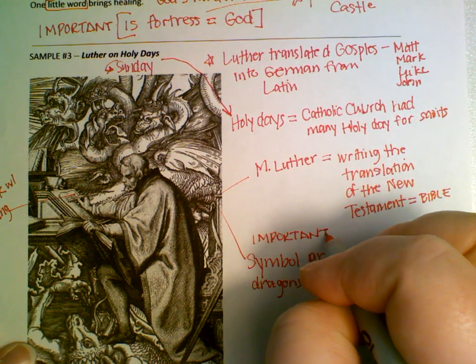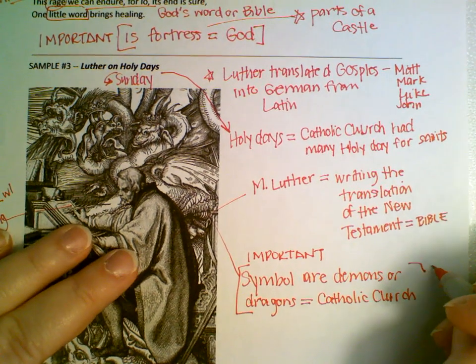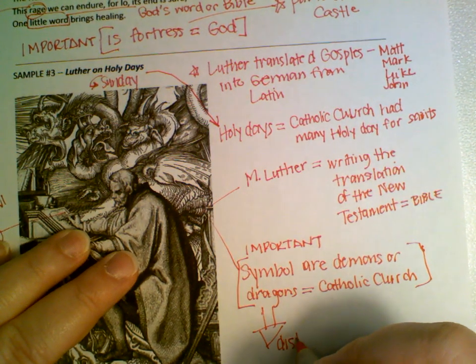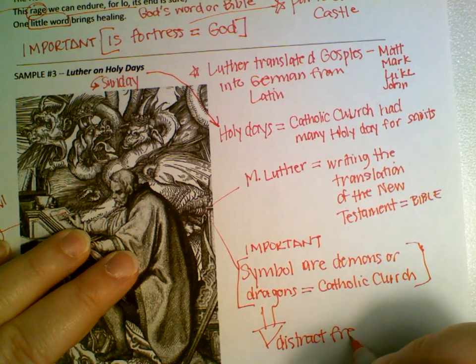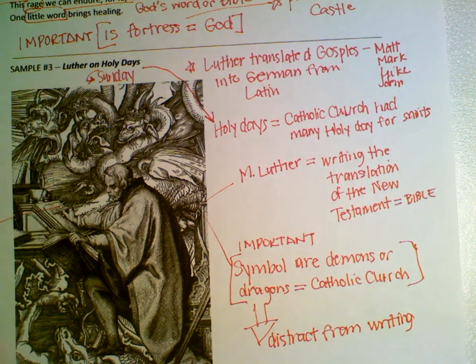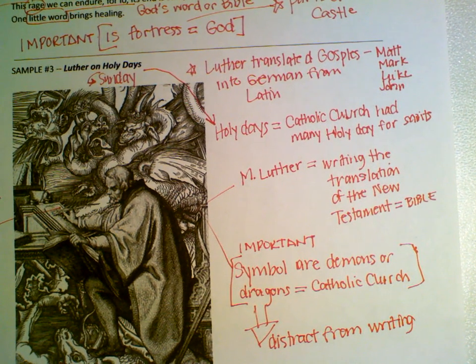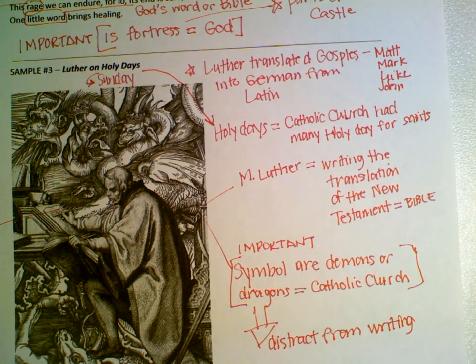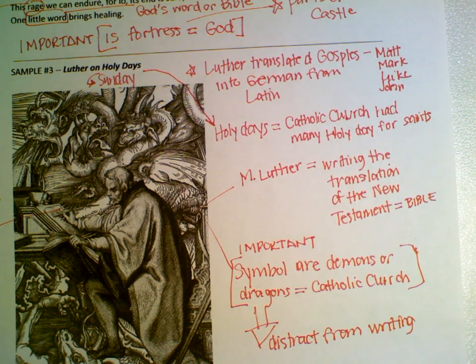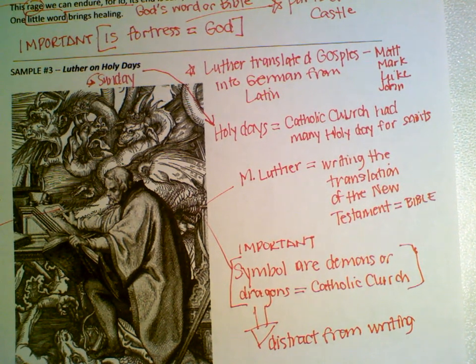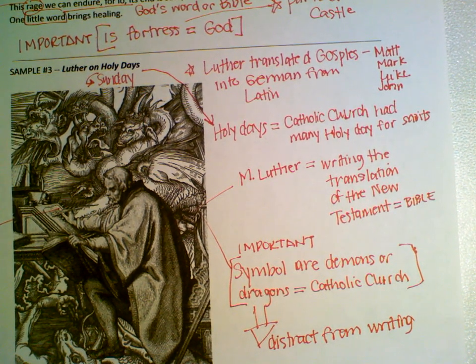They're trying to distract him from writing the Bible, okay? And we've talked about that repeatedly, about the fact that the Catholic Church wanted to make sure that the people did not get the book. They didn't want them to have the Bible because they thought that they would make mistakes in reading it. And so the Catholic Church is trying to distract Luther. They're the symbol here, trying to get him off topic.